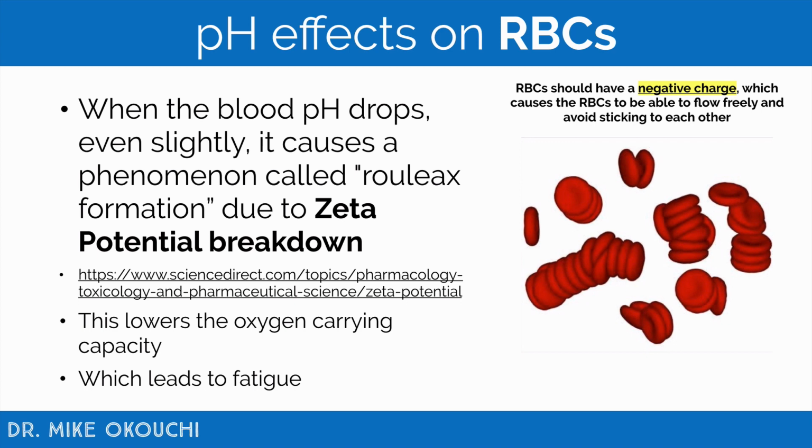What does this mean to the cells? Well, it means that the cells are getting less oxygen delivered to them. And ultimately, if you don't have oxygen, you cannot run that electron transport chain effectively, which eventually leads to fatigue, right? And then you start having cellular breakdown, right?